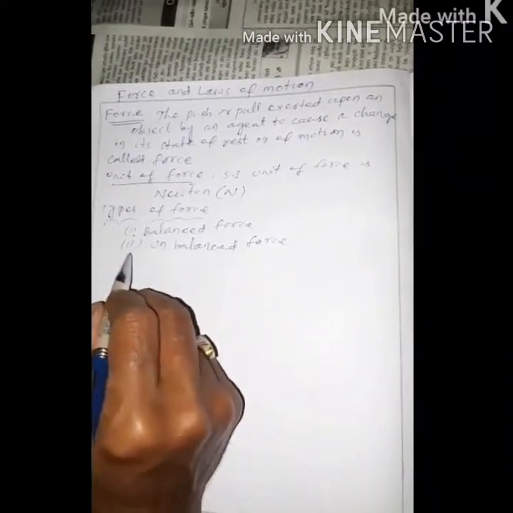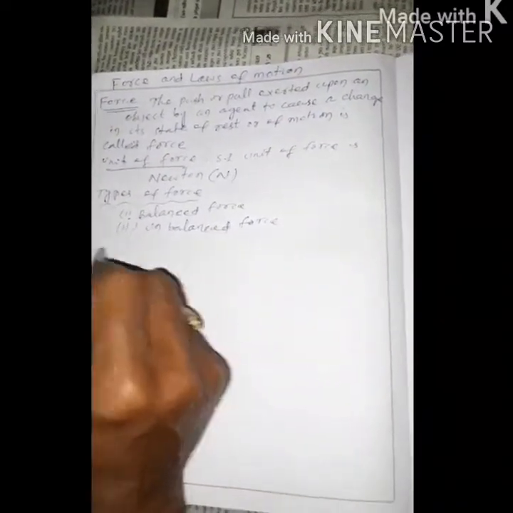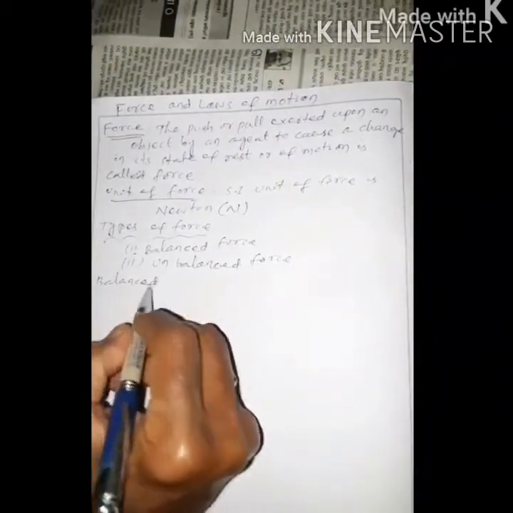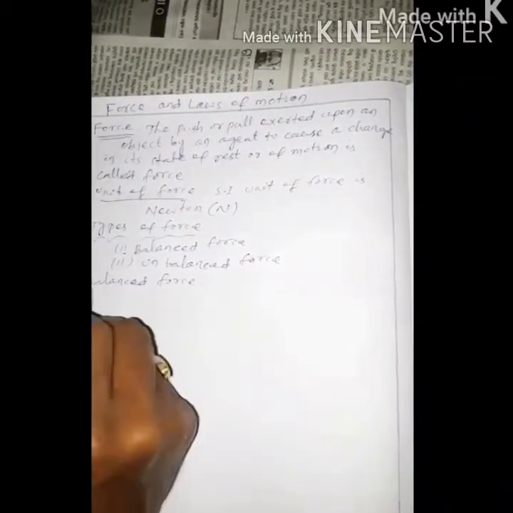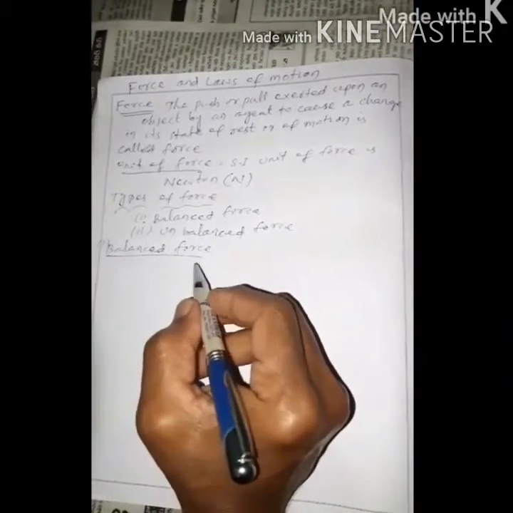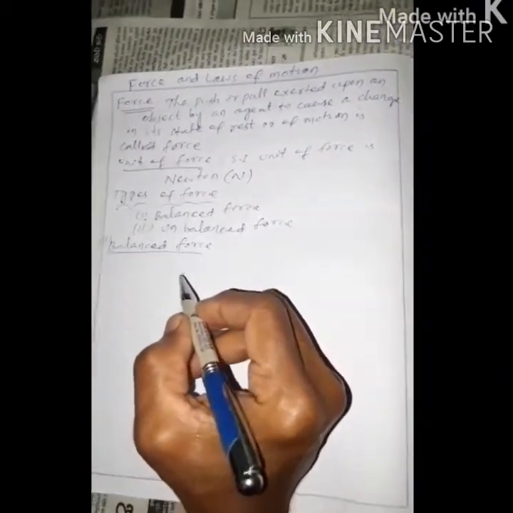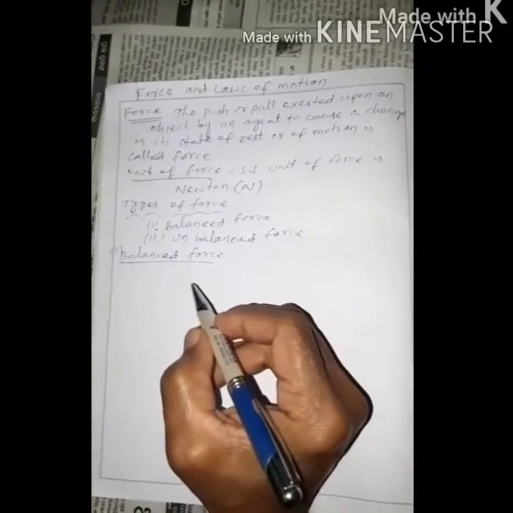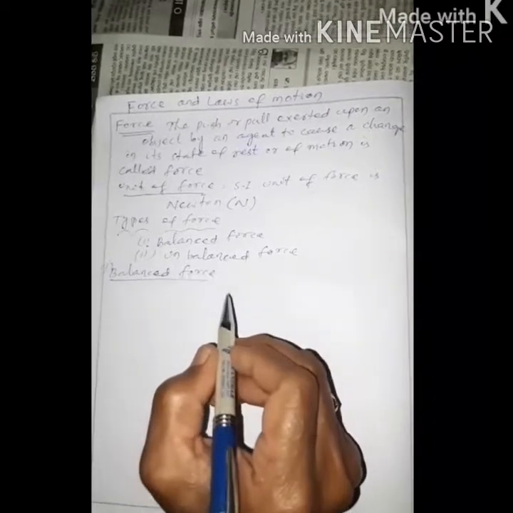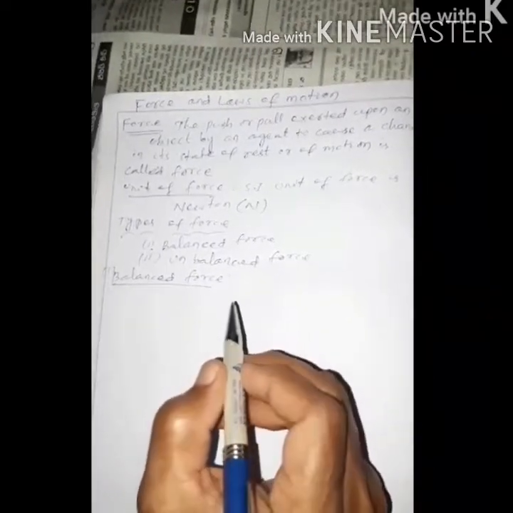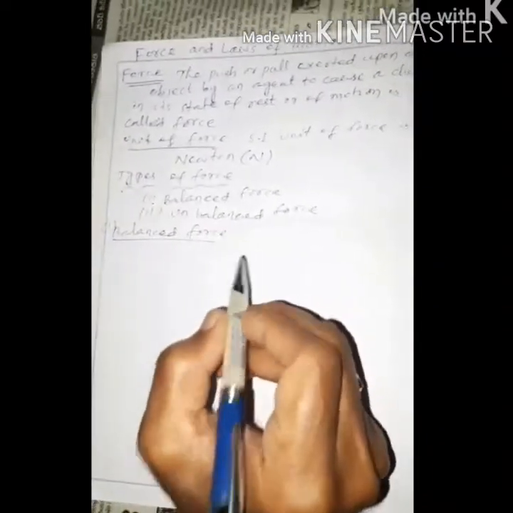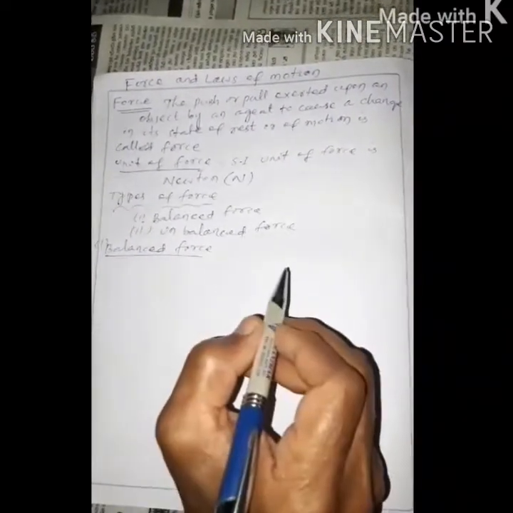So first we have to know what is balanced force. Two or more forces acting on an object are said to be balanced forces if the net effect produced by all of them on the object is zero.